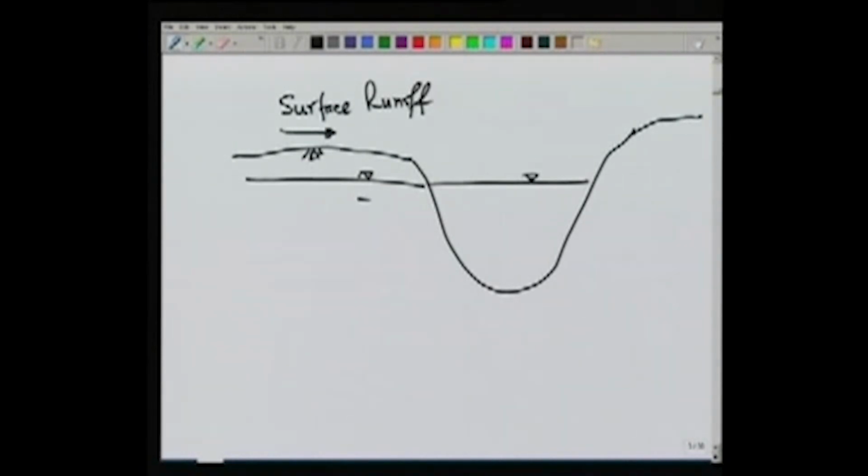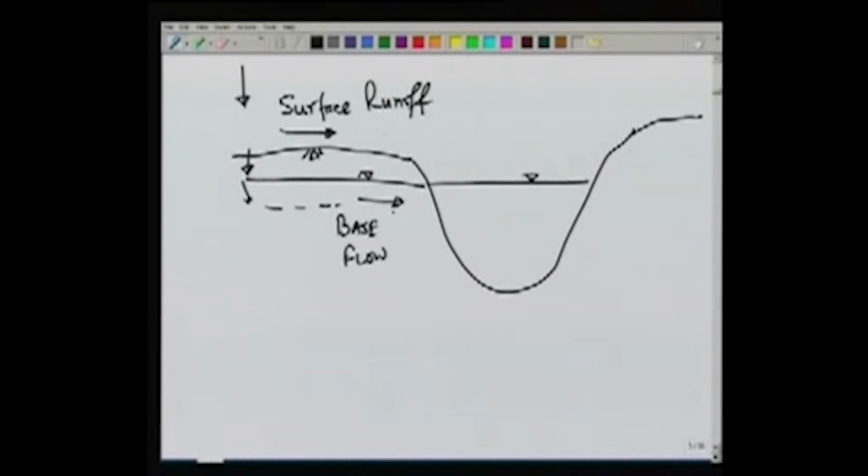And the part which comes from the groundwater is called base flow. The difference between these two is that surface runoff comes immediately or very soon after the precipitation, while base flow, for the same precipitation to appear in the stream as base flow, it will take a long time because it will infiltrate into the ground, reach the groundwater, and then it moves very slowly. This may take a few months or sometimes even years to reach the stream.